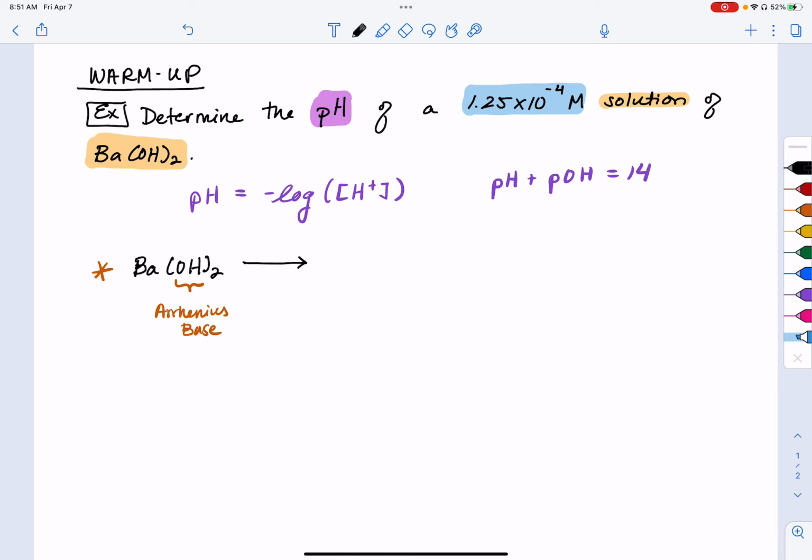So when it dissociates into solution, I generate the barium 2 plus ion, and then two of my hydroxide anions.